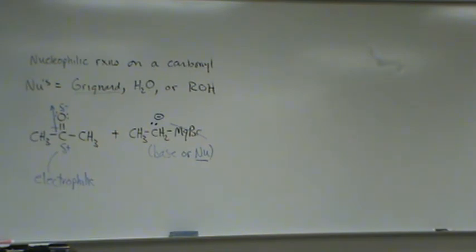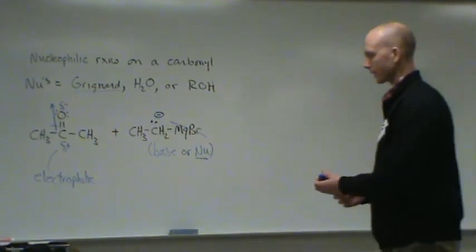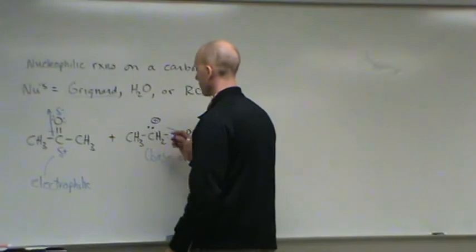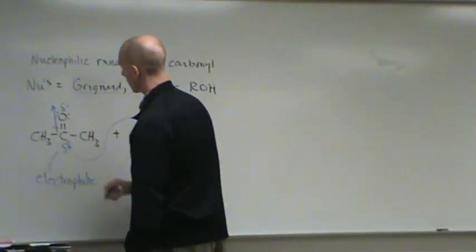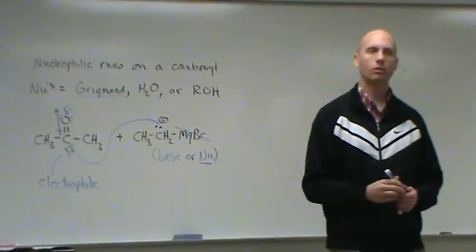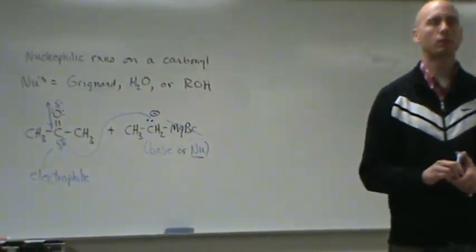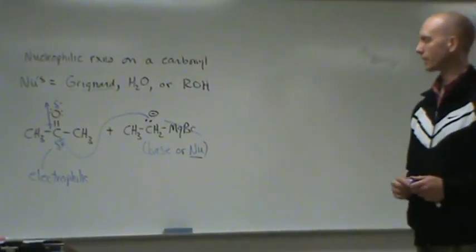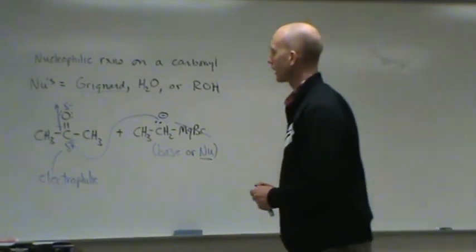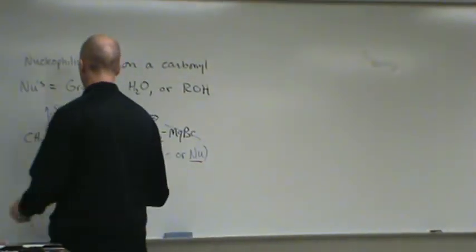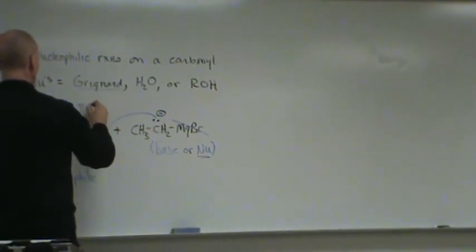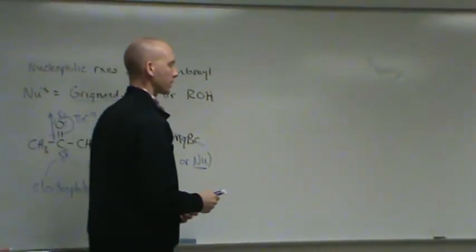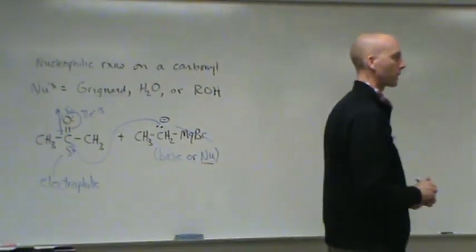So let's go ahead and look at the attack. Here's the mechanism. That should be self-explanatory. That carbon comes in and attacks the delta plus. And here's something new for us: the pi electrons go up to that oxygen.